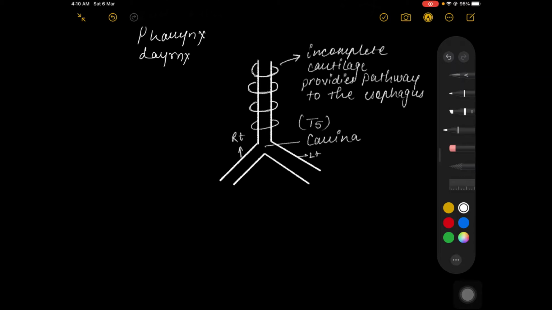Now the trachea basically continues into the lungs and divides further. Now suppose this is the lung.